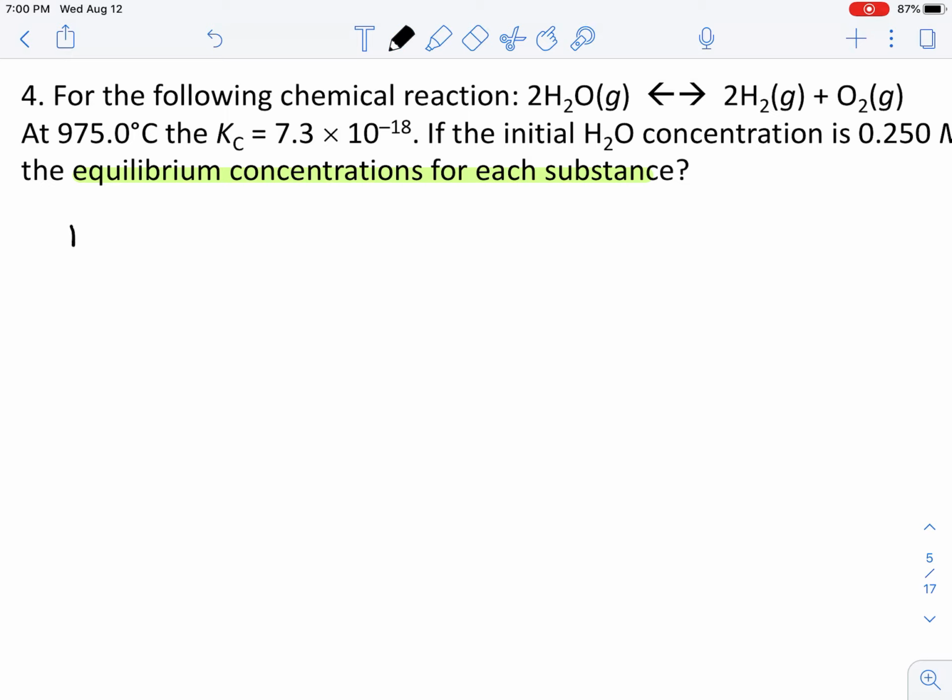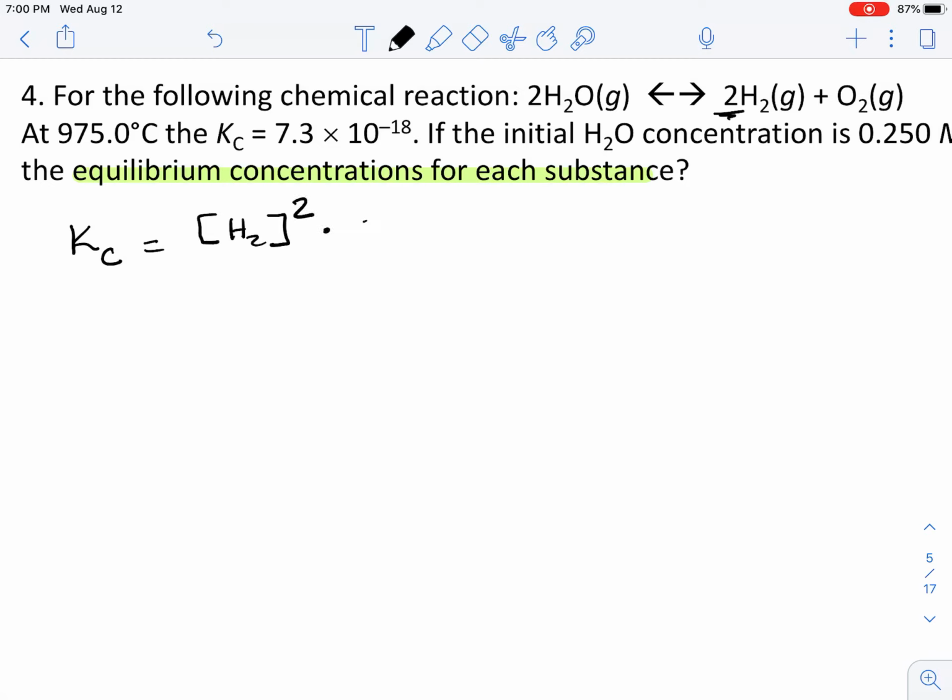And so Kc is going to equal the products over reactants, each raised to its own power. So here we have the bracket, meaning the concentration of H2 gas, and since there's a coefficient of 2, this is going to be raised to the second power.